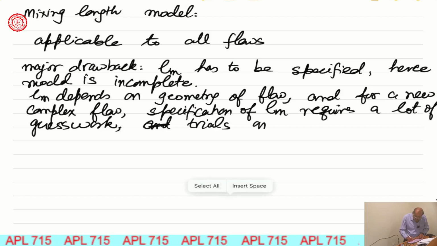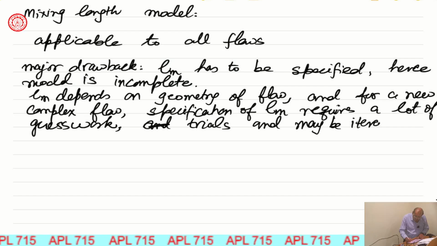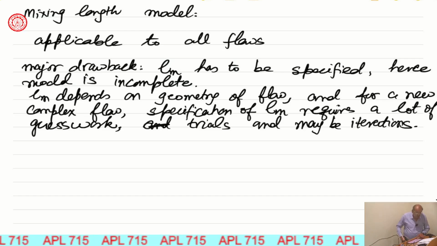Guesswork, trials, and maybe iterations.